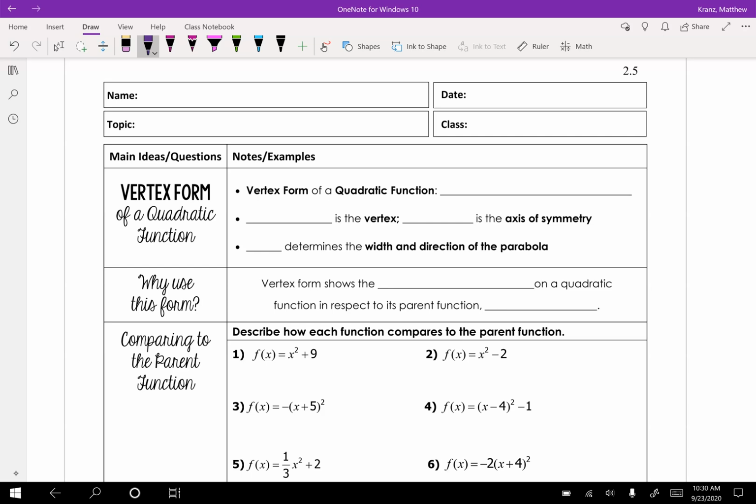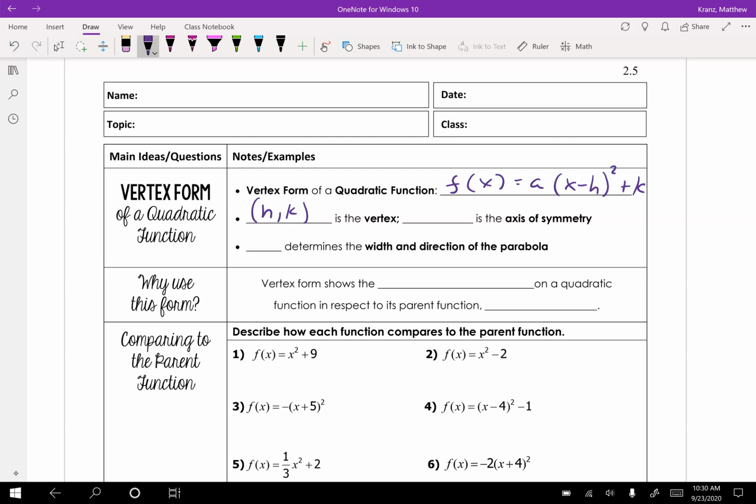So the vertex form of a quadratic equation or function is f of x equals a times (x minus h) squared plus k. Right? So your vertex is the same thing as that absolute value one, h and k, so the opposite of what happens to x, and whatever k is.